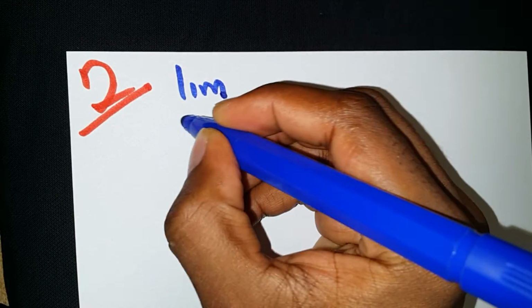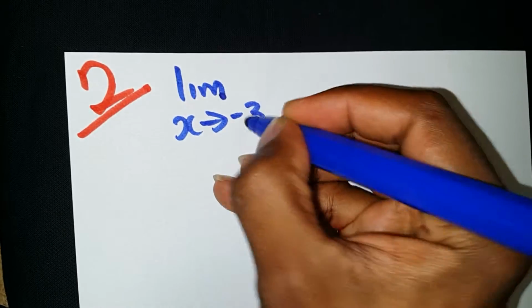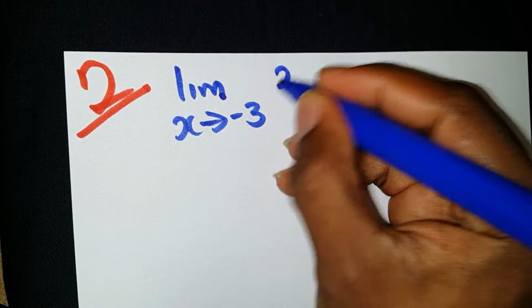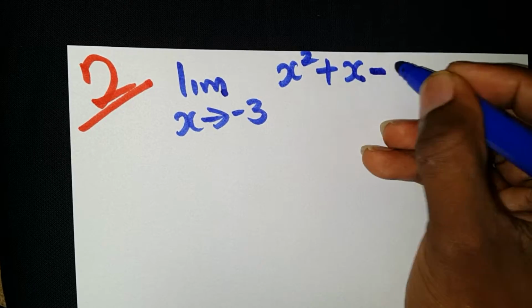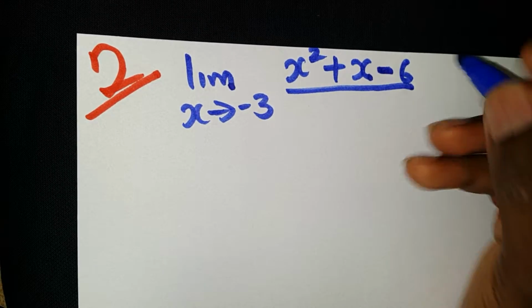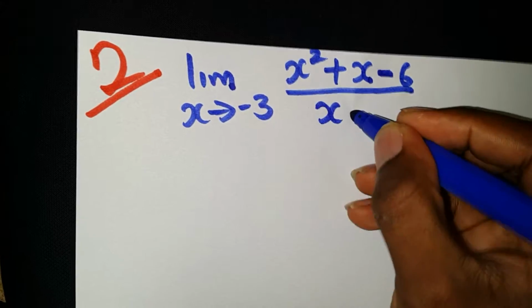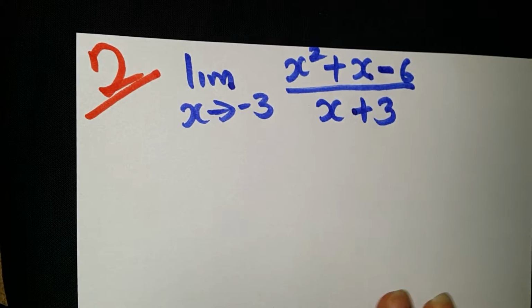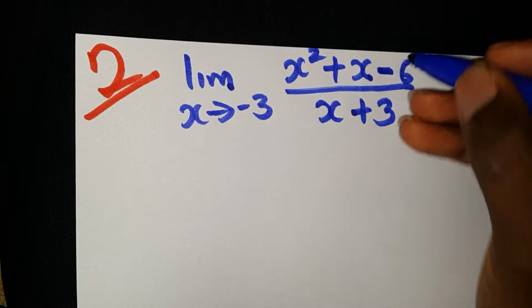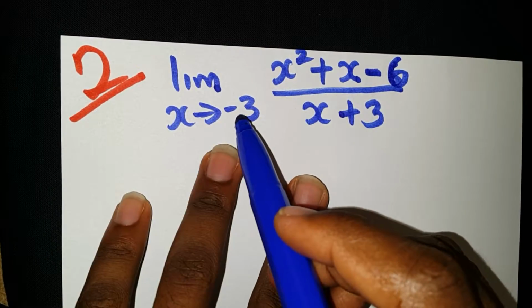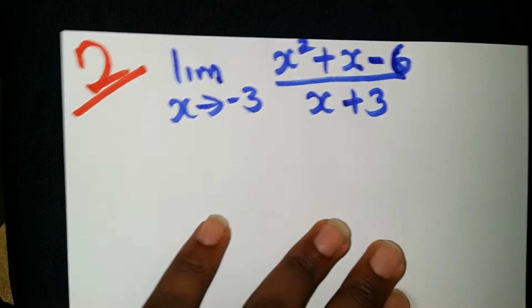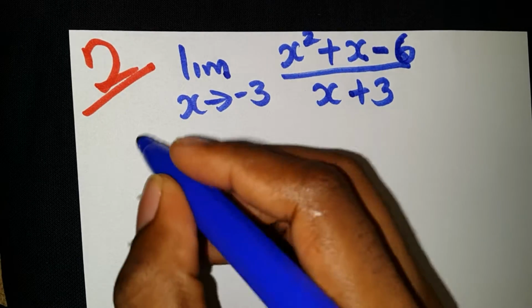The limit when x is tending to -3 of x squared plus x minus 6 divided by x plus 3. So you just have to follow the same steps here. The first thing you have to do is to plug in what x is tending to, which is -3 in this case.